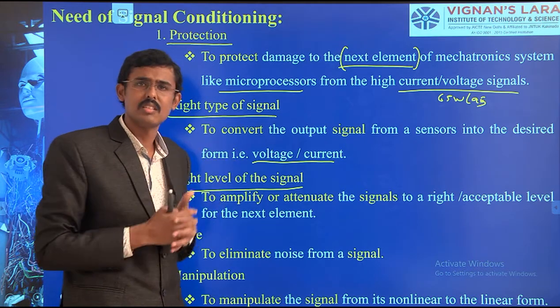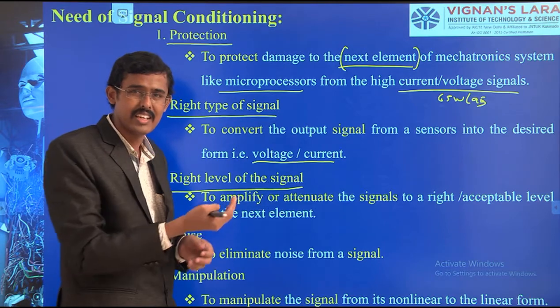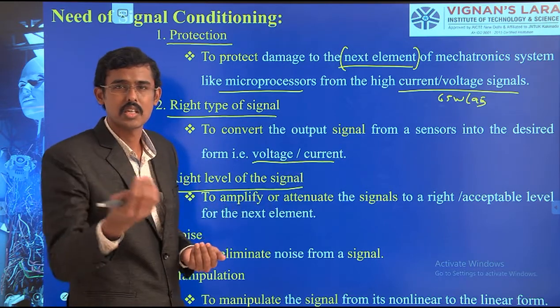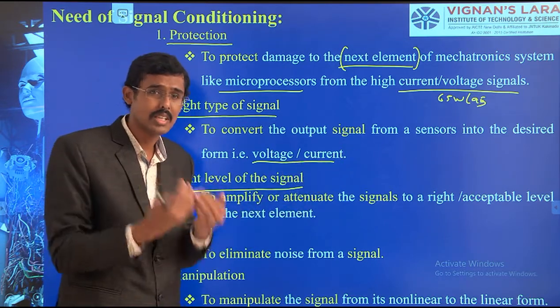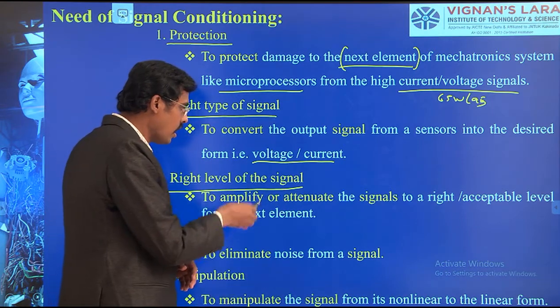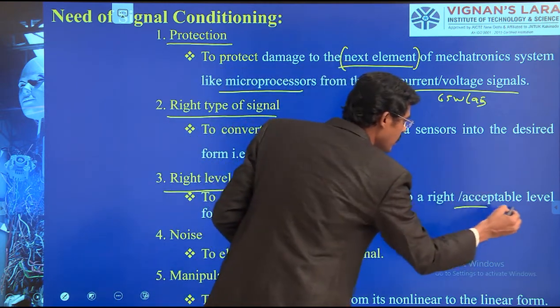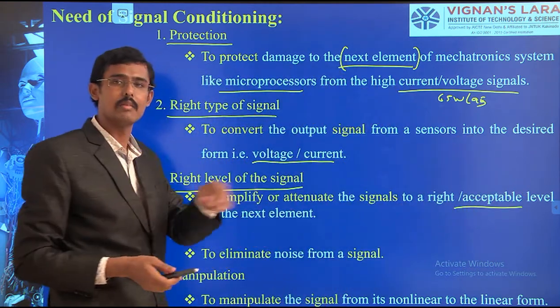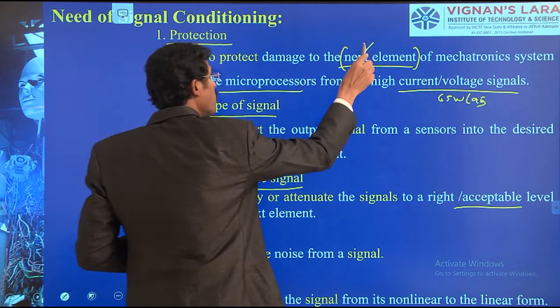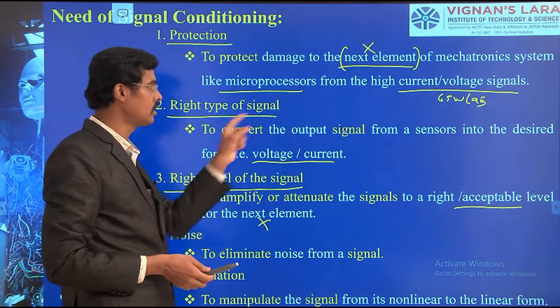So we should maintain the right level, say 50 hertz to 60 hertz, or 70 hertz to 100 hertz. We amplify or attenuate the signals to a right acceptable level for the next element. The next element should not be damaged, and it should be accurate in converting the right signals.